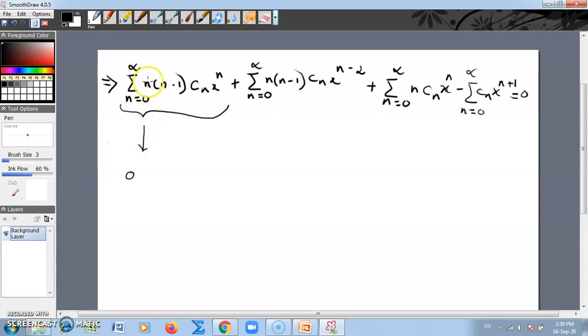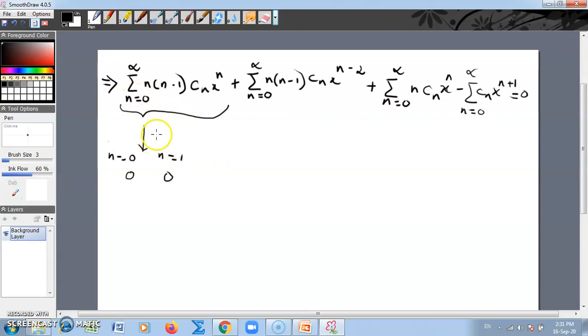Then what happens? 1 into 1 minus 1, so 1 minus 1 is 0. So for n is equal to 0, we get the value of this expression 0. For n is equal to 1 also I get 0. But for n is equal to 2 we will not get 0, because 2 into 2 minus 1 is not 0.